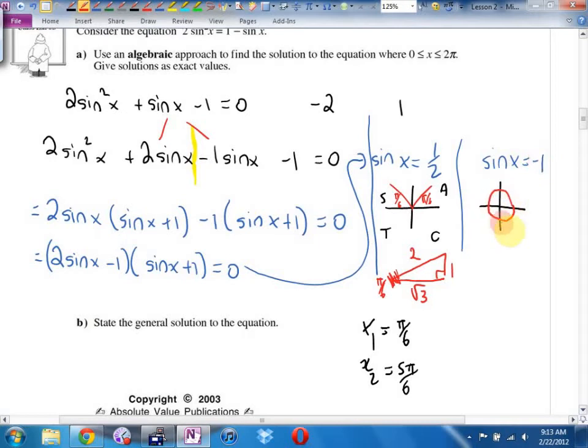What angle is that? Amanda. There's your roots. 3 solutions for this quadratic. Sometimes you'll get 4, sometimes you'll get 3, sometimes you only get 2. Can't have 5 unless we change the period.